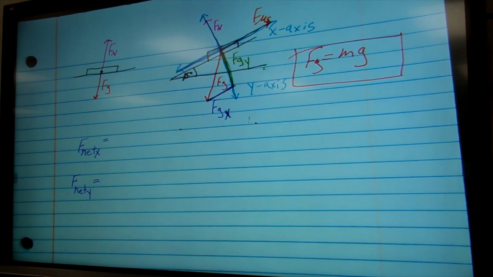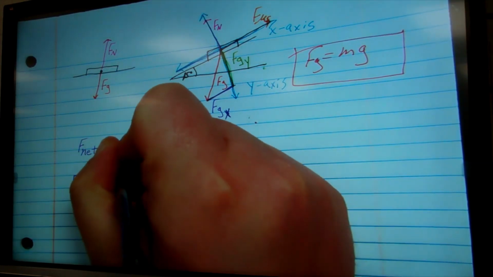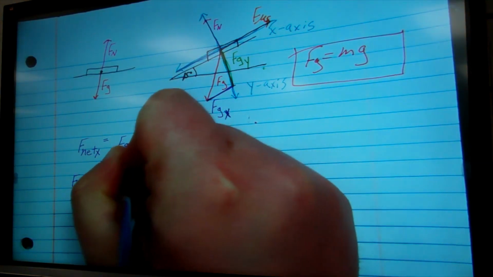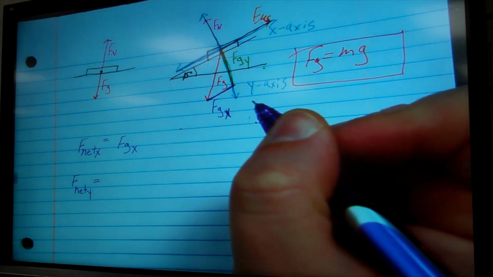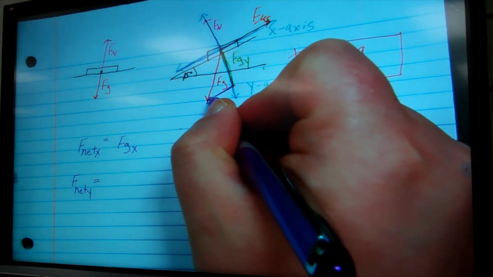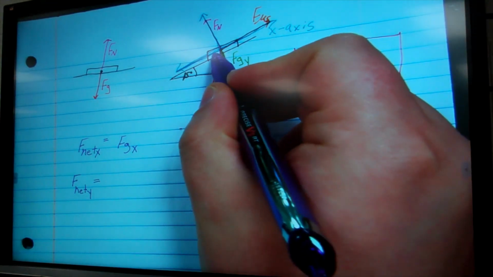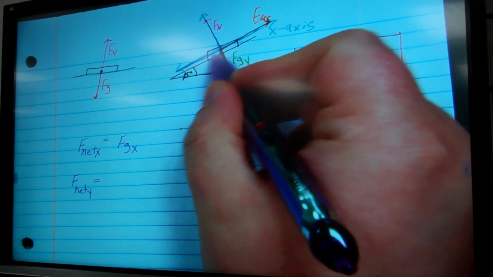All right, so in this case, looking at the net force in the x direction, I have the force of gravity in the x direction, because it's down here. I know you don't see it up here, but it's down here, and it's still on that x-axis.